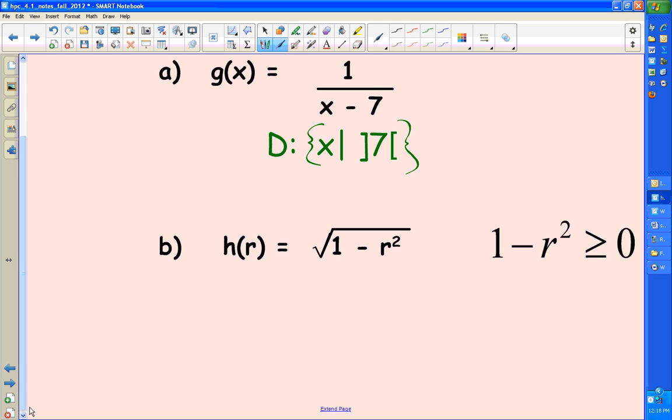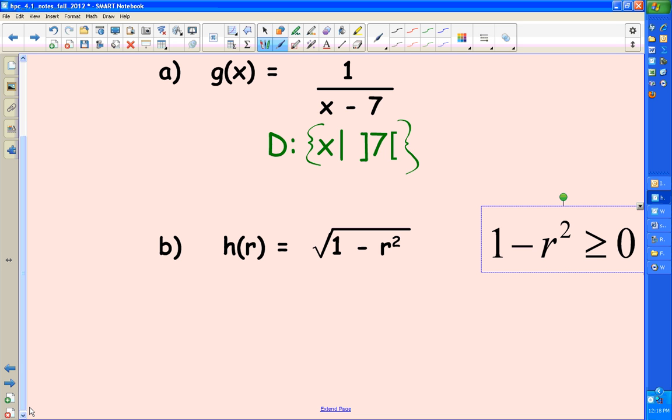If you look at the b situation here, now we're looking at a half of a circle. The reason why it's a half circle is because it's not plus or minus the square root of 1 minus r squared. Again, the radicand, the 1 minus r squared, has to be greater than or equal to 0.